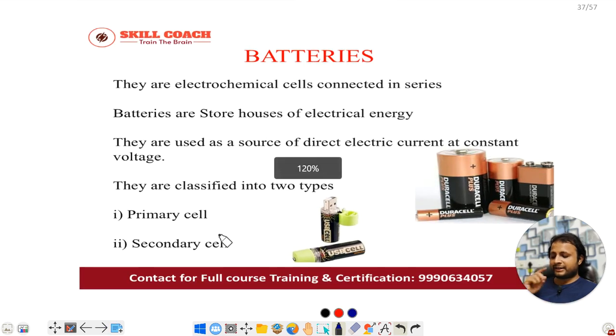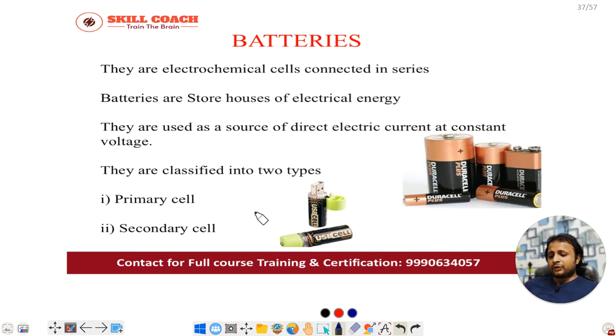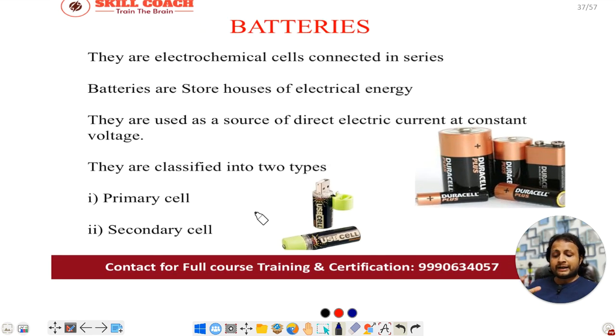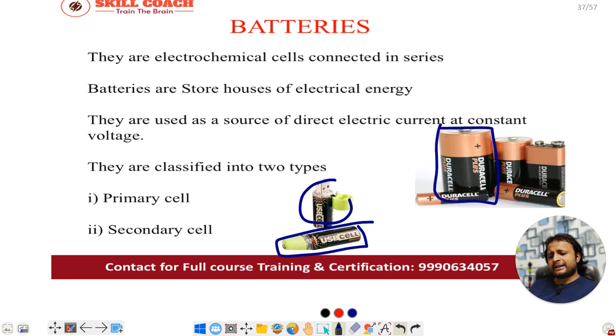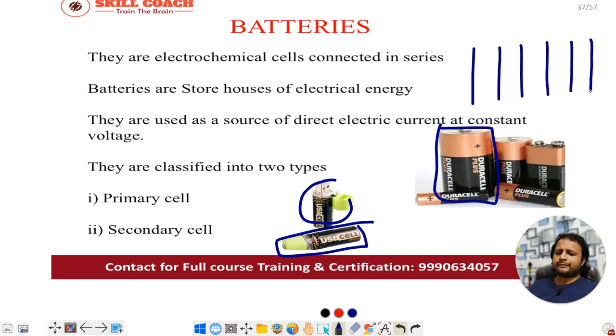Now let us understand what batteries are. The electrochemical cells connected in series, we have discussed previously. We discussed the cells, and these are the cells. If we connect these cells in series, suppose cell number 1, 2, 3, 4, 5, 6, then this is called a battery.